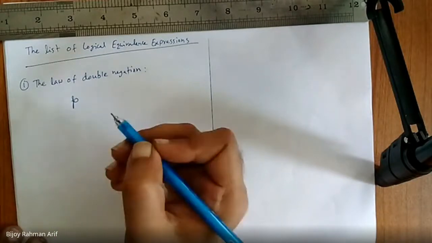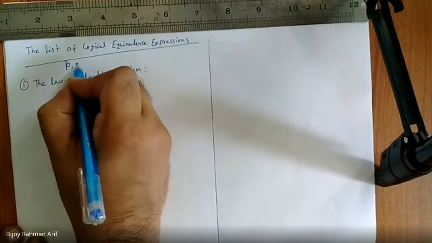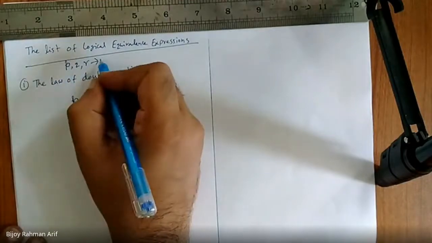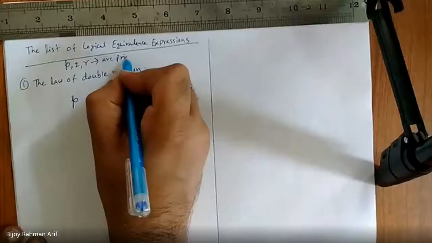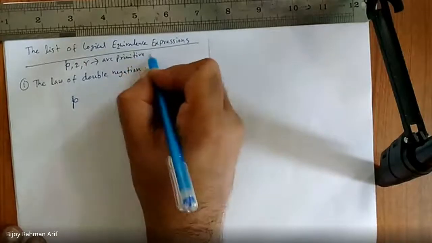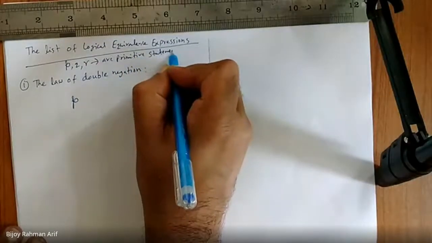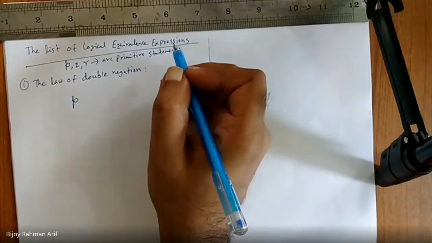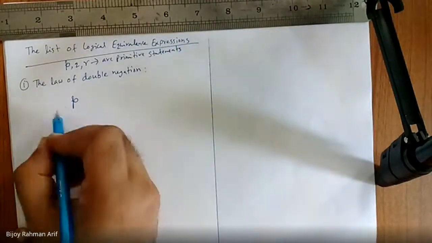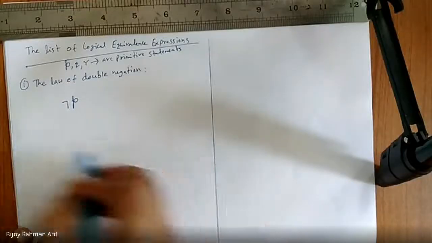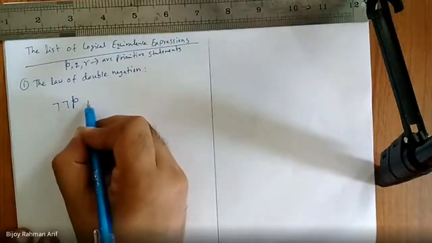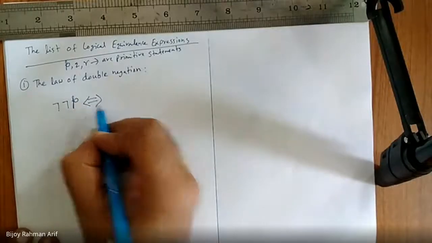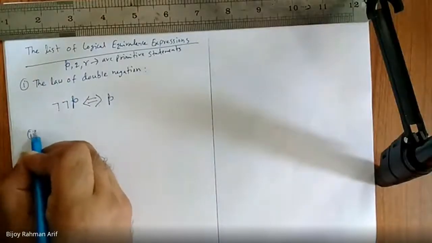Write P, Q, R primitive statements. What is the negation of P? Not P. What is the double negation of P? Again P. So what is the equivalence of this? P.